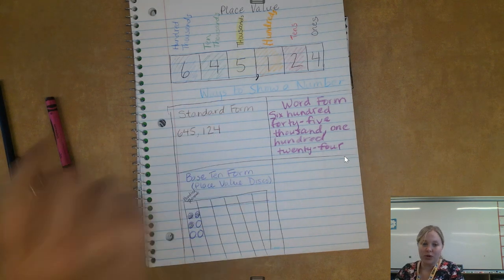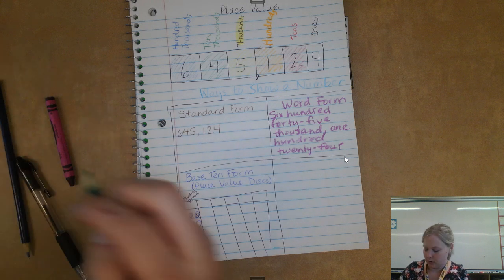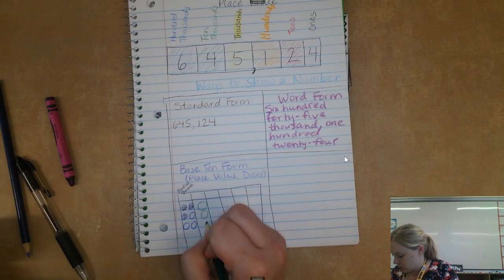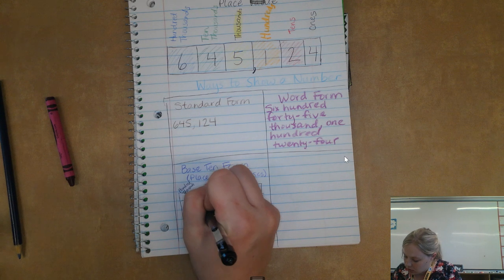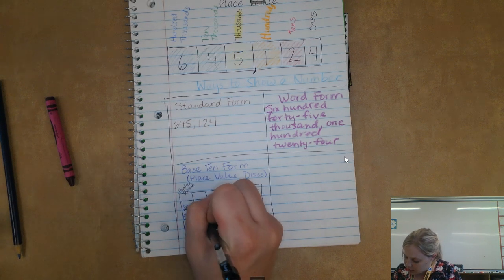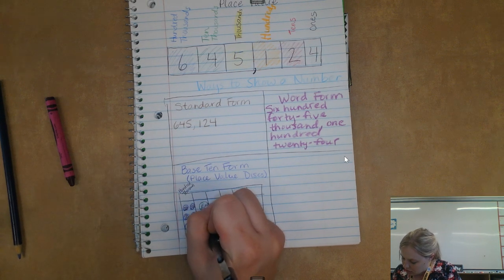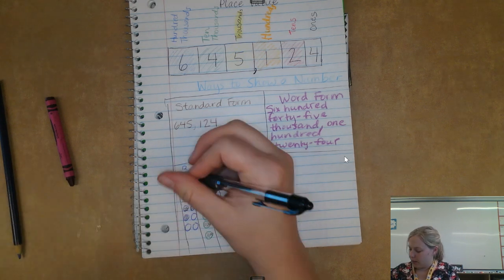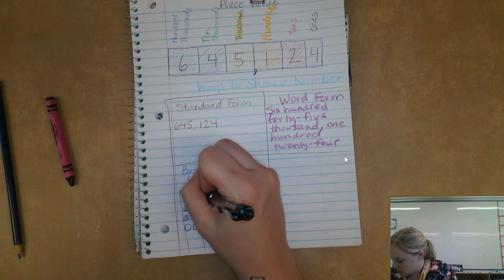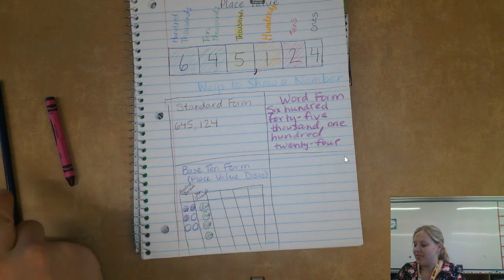Then we have 4 10,000s, so I'm going to draw those. $10,000 each. Then we have our thousands, and that's 5 of them.